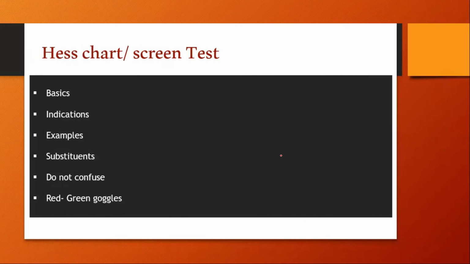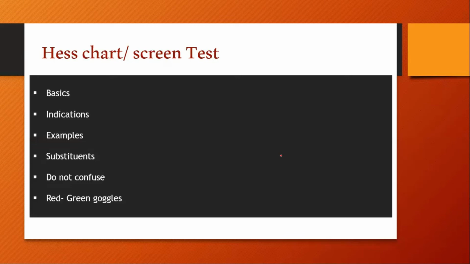So in order to explain the basics behind Hess chart, I will need at least 1 hour. Okay, so I'm trying to say it in a different way, because you have an exam next week.